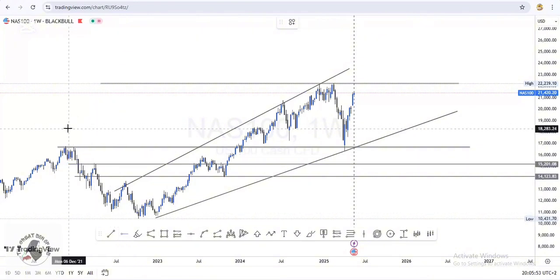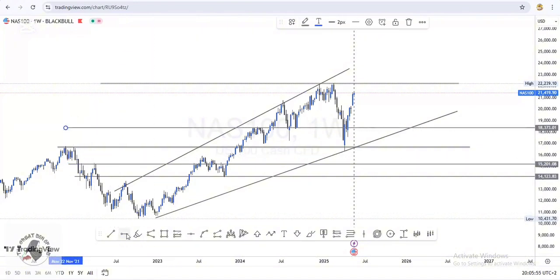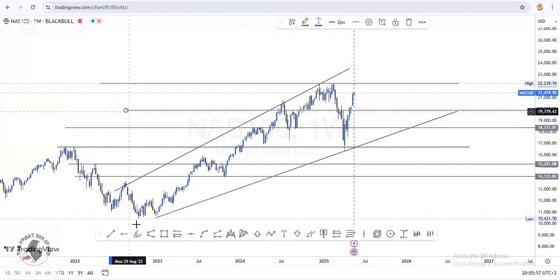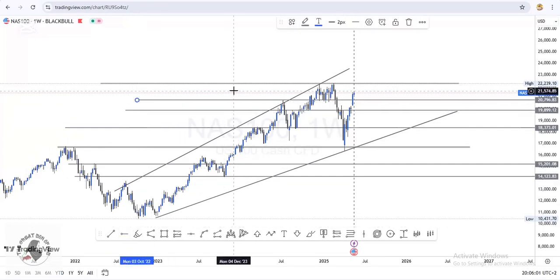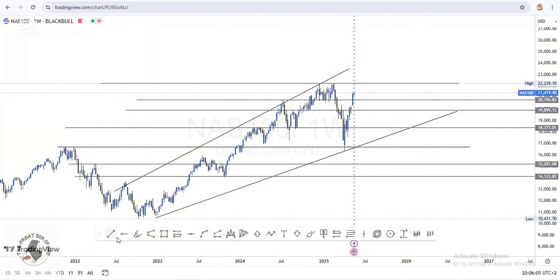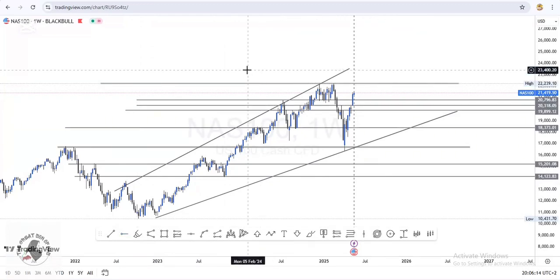Remember, zones that you identify on the bigger time frame get to be stronger, meaning when you switch to smaller time frames, once the market touches that certain zone, the market will definitely reverse. That's how we treat zones, because sometimes you can identify zones but you don't know how to use them. So you need to use zones like that. On this time frame, those zones are very strong.